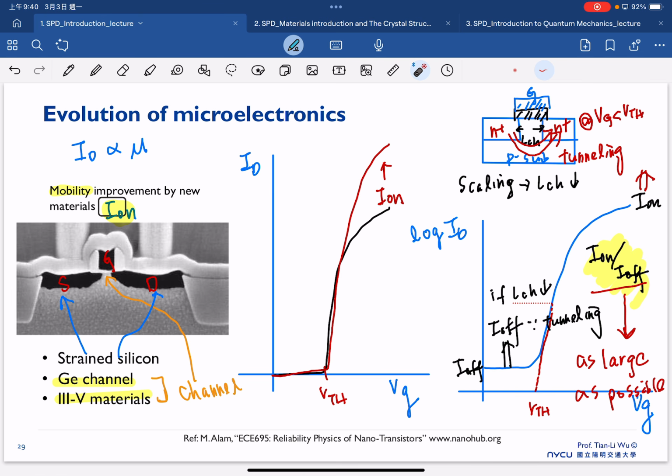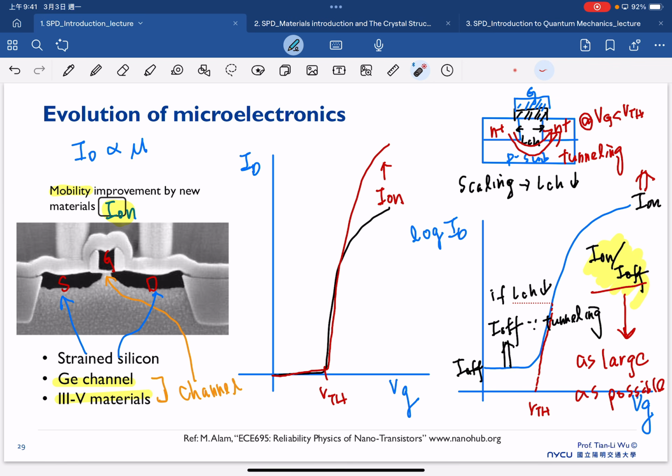And if we consider the scaling of the channel length, ideally we try to reduce the distance between the source and drain. But now we might face an issue. We all know this is N plus in the source, and this is N plus on the drain side.